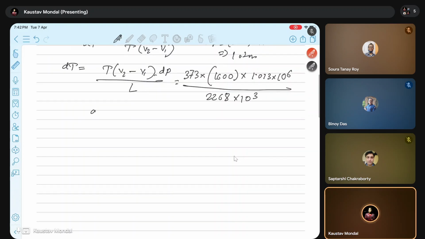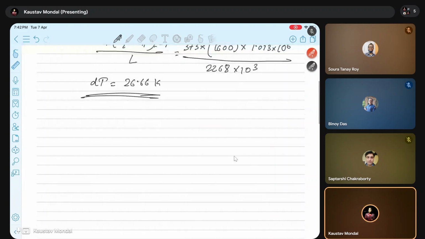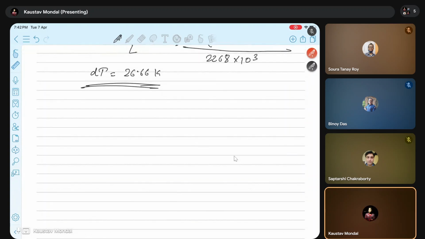If we calculate this, dT will give you around 26.66 Kelvin. This is the change in the boiling temperature for the case of water if you increase the pressure.